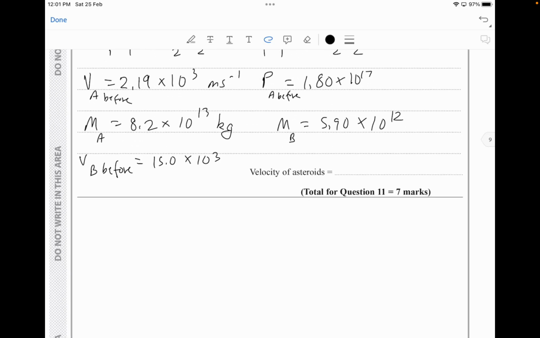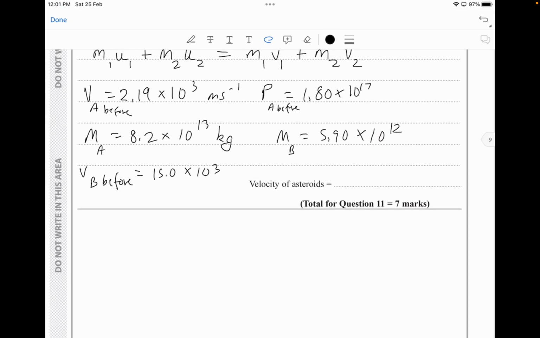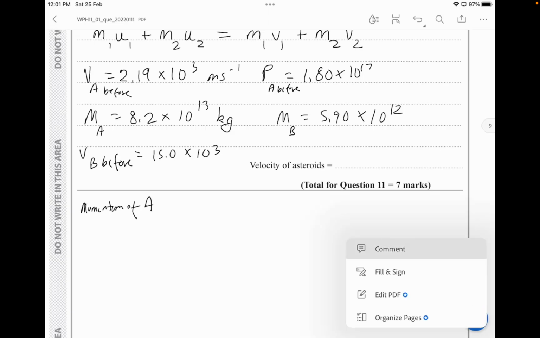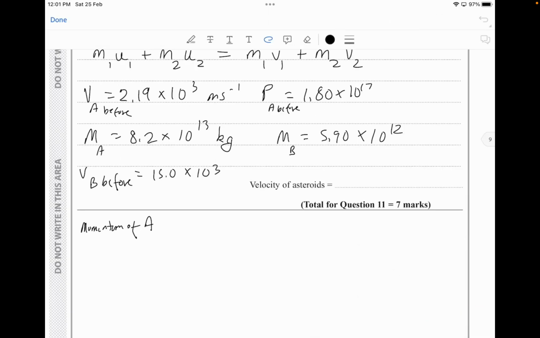Now in order to do this, first of all, we're going to take the momentum of asteroid A before and add it to the momentum of asteroid B before. Let me just reload this again. The momentum of A before plus the momentum of B before.